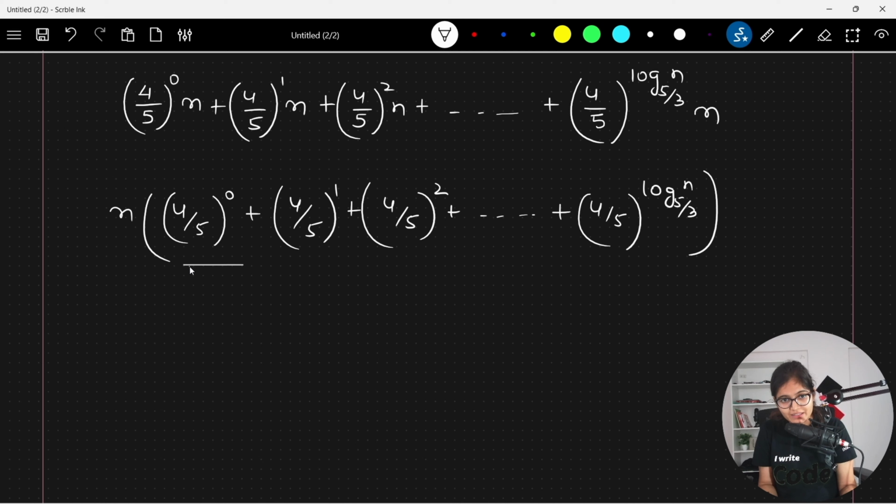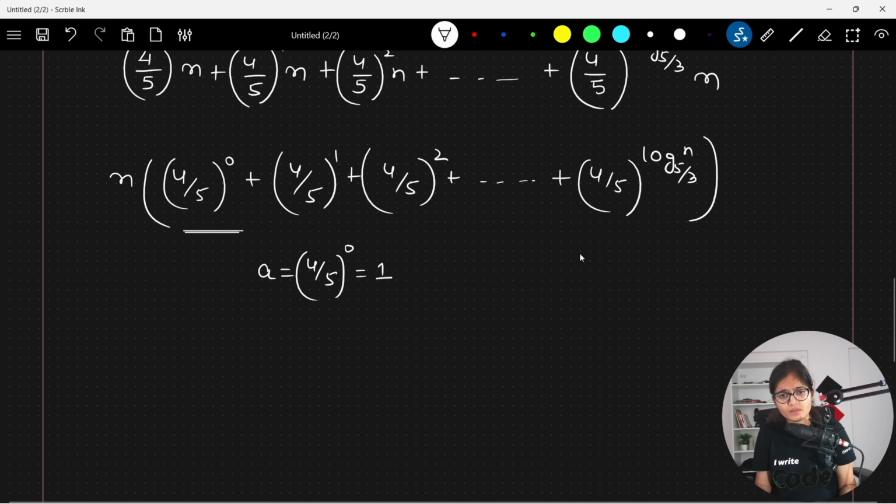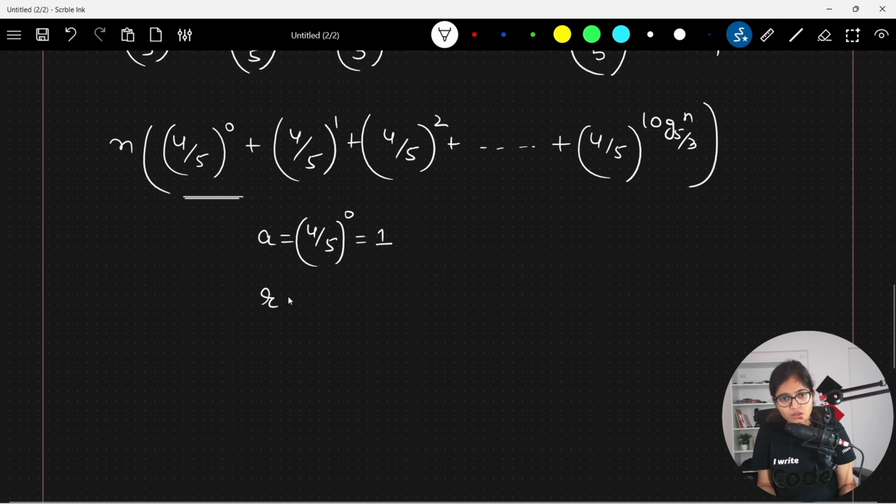Here if you see, this is a. A is the first term, which is 4 by 5 to the power 0, which is equal to 1. What is the common ratio here? The common ratio is 4 by 5, right? And why I'm asking these questions is because this is forming a GP series.